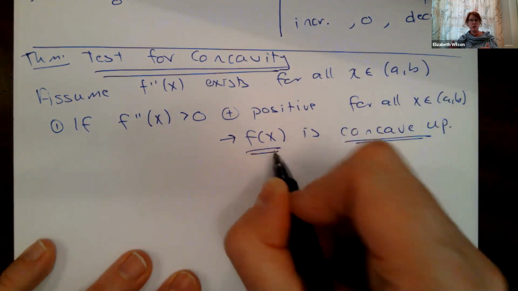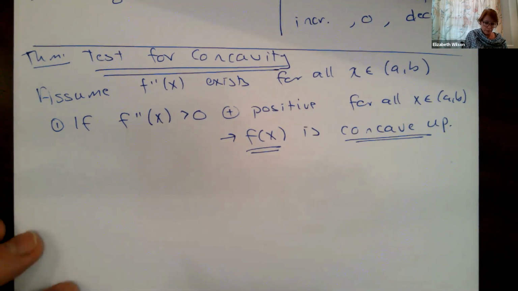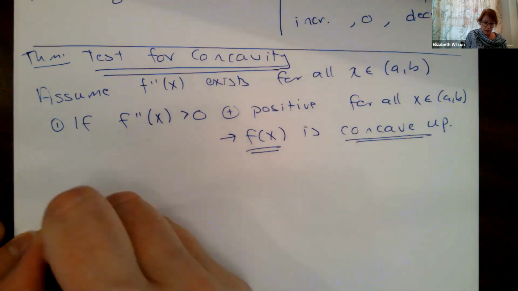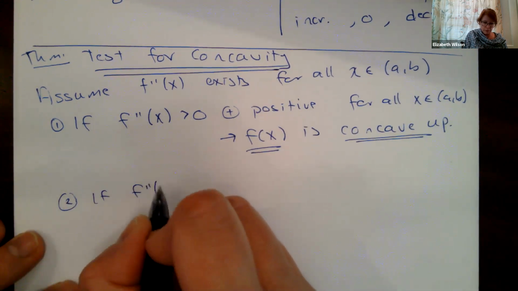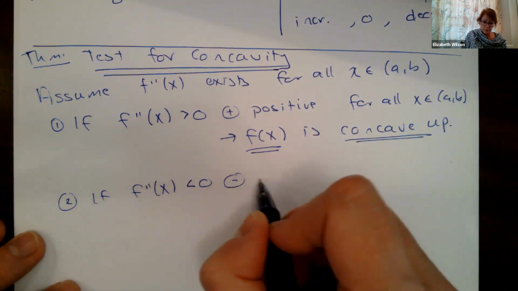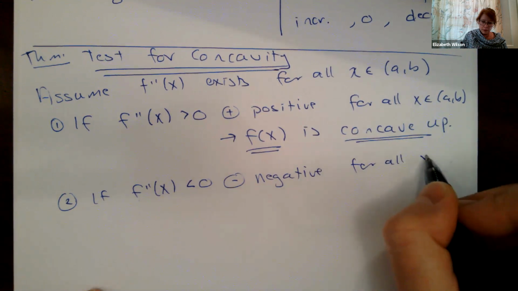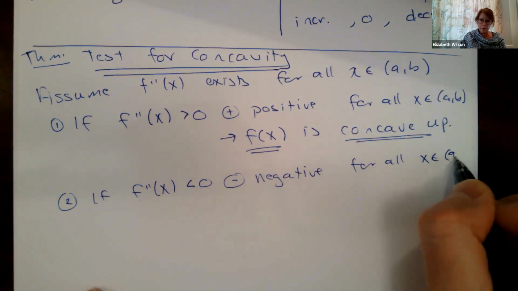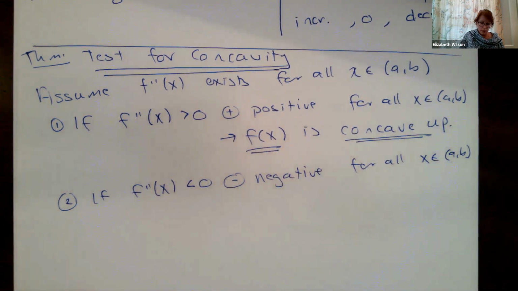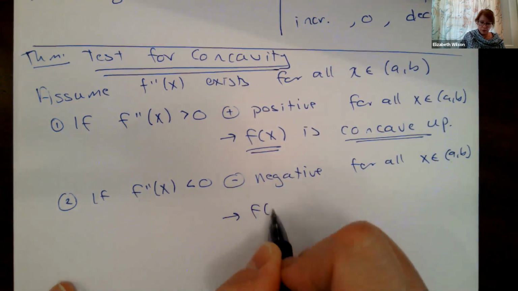Okay, so we're using our derivatives to tell us stuff about the function, remember. Concave up. If our second derivative is less than 0, which makes it negative, for all x within some interval a to b, then we say our function is concave down.